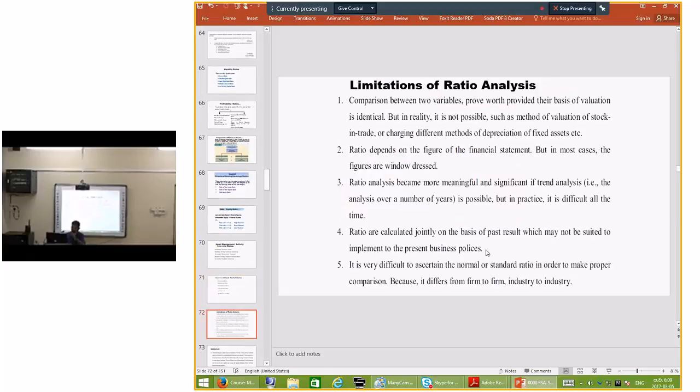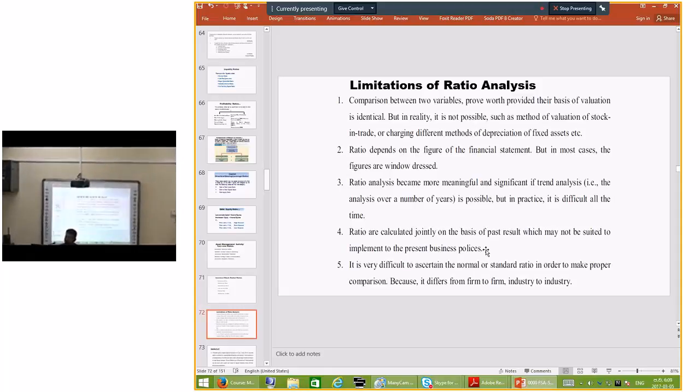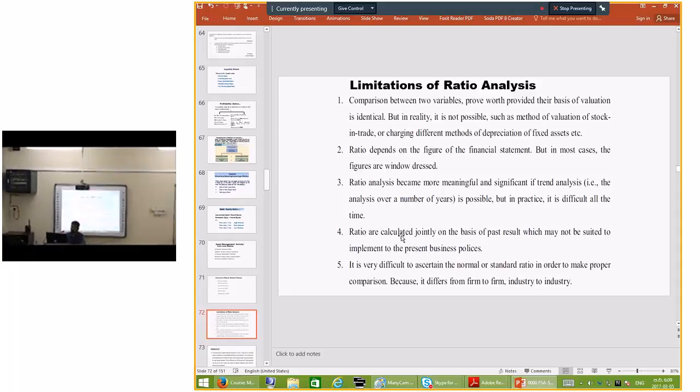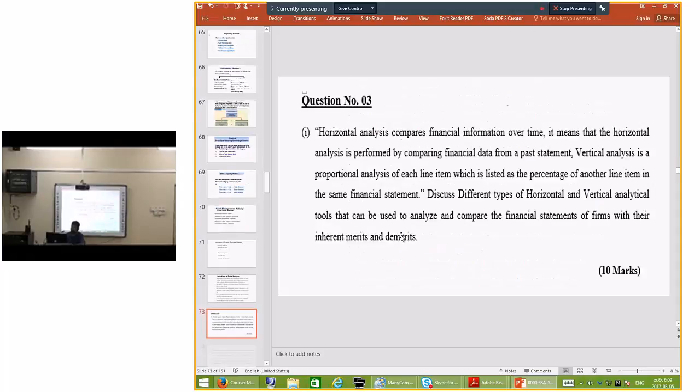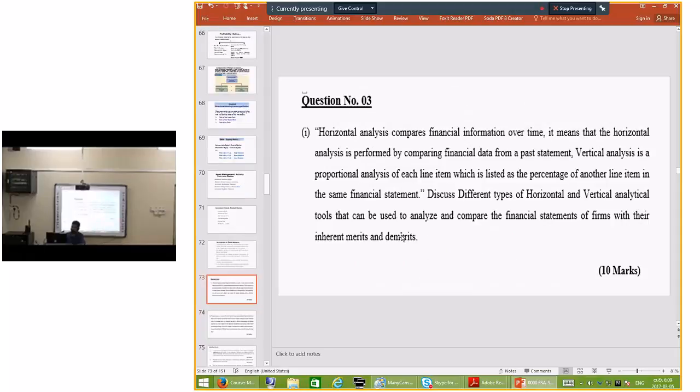Right. Now the limitations of ratio analysis are also given. I'm not going to discuss them in detail, but you should be able to explain the limitations or constraints of financial ratios too. Next, horizontal analysis compares financial information over time. It means that horizontal analysis is performed by comparing financial data with a past statement.